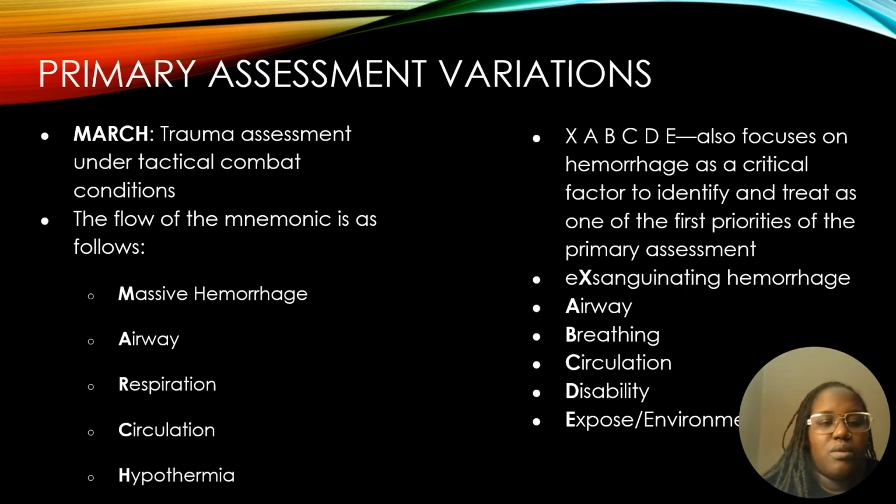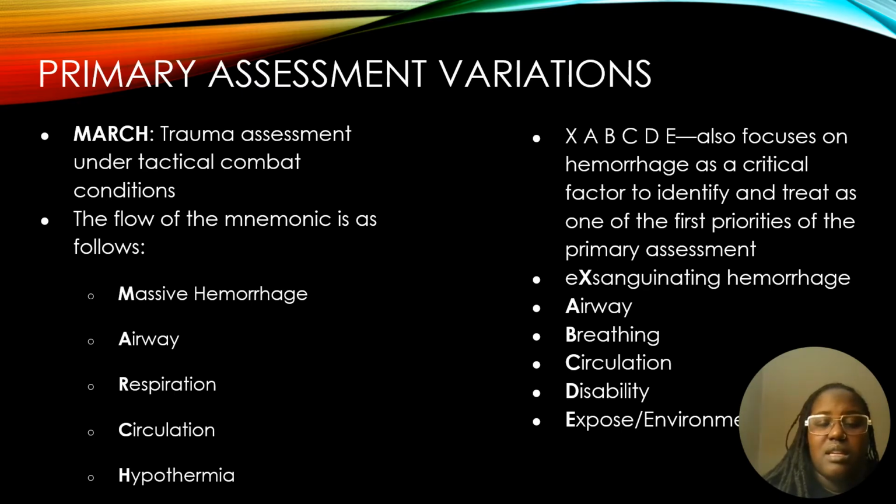One thing to note with the primary assessment is that we're going to change things up just a little bit if our patient has a trauma injury. So, in the case of a trauma patient, we're not going to go the typical ABC route. We're actually going to do XABCDE or use the MARCH acronym to kind of guide us in doing our primary assessment.